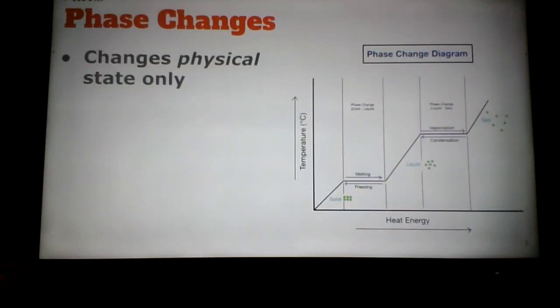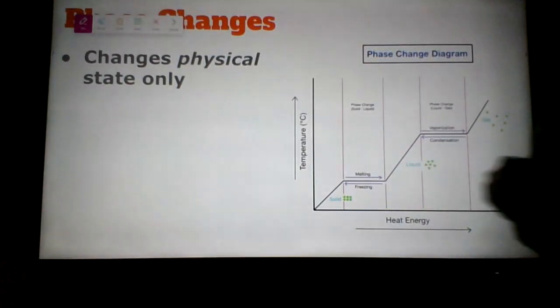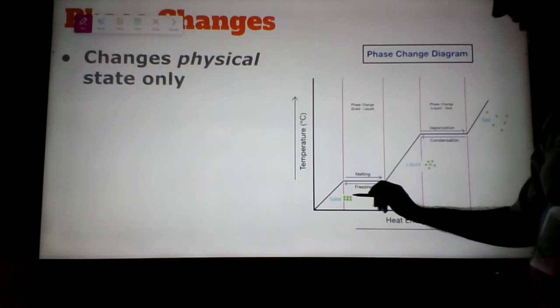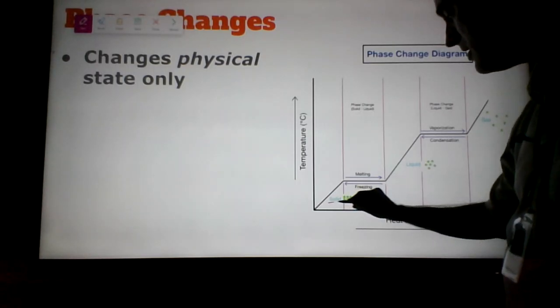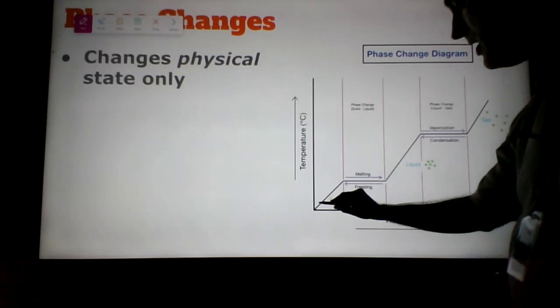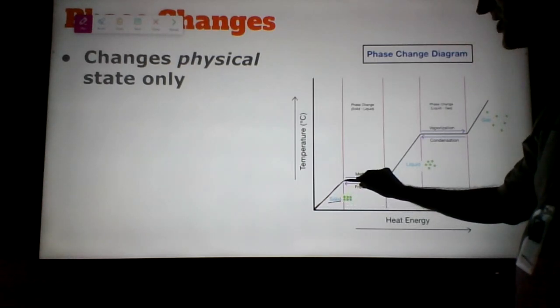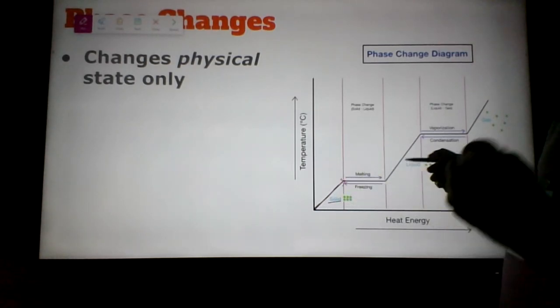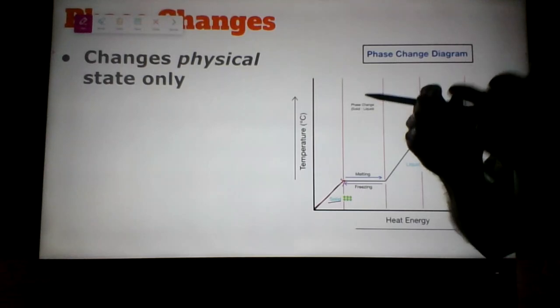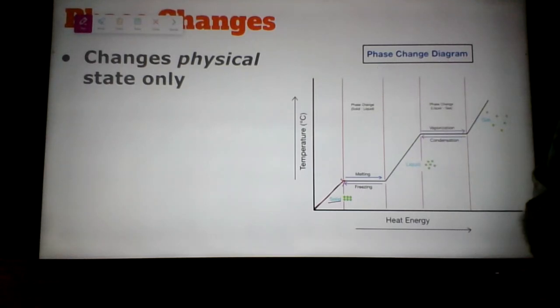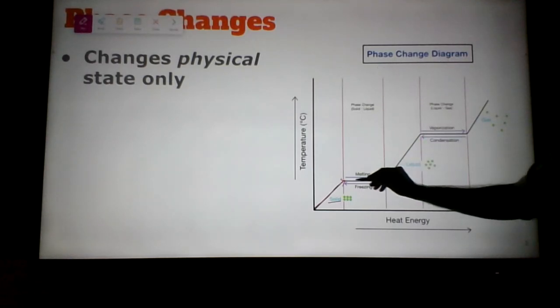Phase changes, remember, are physical changes only. So let's say, for example, I take a piece of ice out of the cup and just set the ice on the table. The ice begins in the solid phase. As heat energy from the room and the table enter that ice cube, then the molecules will eventually start to gain more energy and move around a little bit.